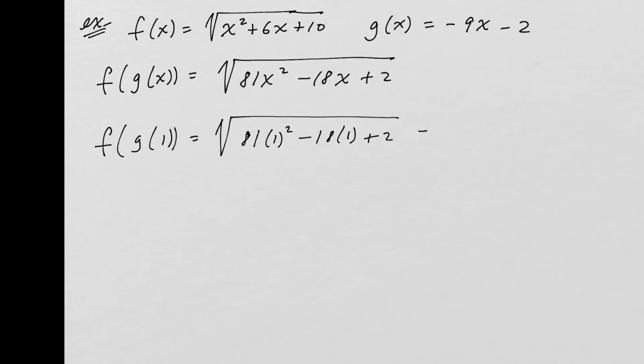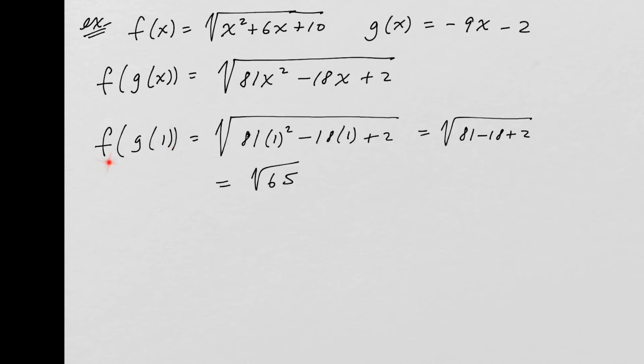But this is the same as 81 times 1, which is 81, right? Minus 18 plus 2. And that turns out to be the square root of 65. Okay? And that's fine. If you have the general equation in terms of any input x, then you could just substitute in that value. Now, what if we didn't go and do all the work for this step first?